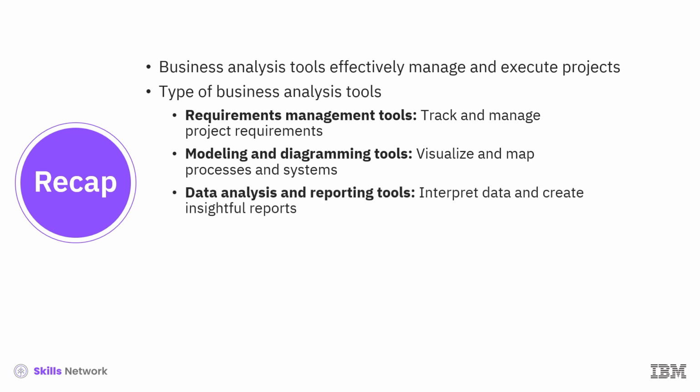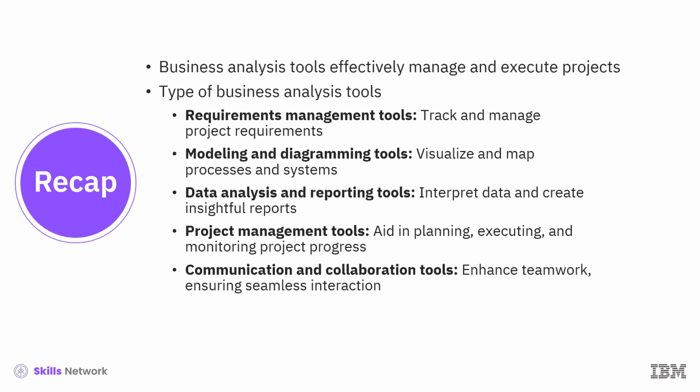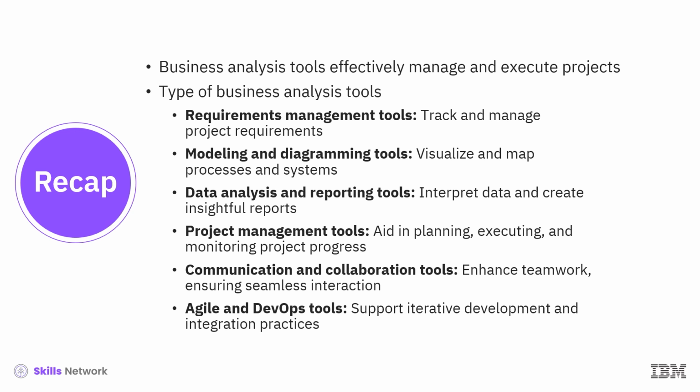Data analysis and reporting tools, which allow you to interpret data and create insightful reports. Project management tools aiding in planning, executing, and monitoring project progress. Communication and collaboration tools, enhancing teamwork and ensuring seamless interaction among team members. Agile and DevOps tools, which support iterative development and integration practices.